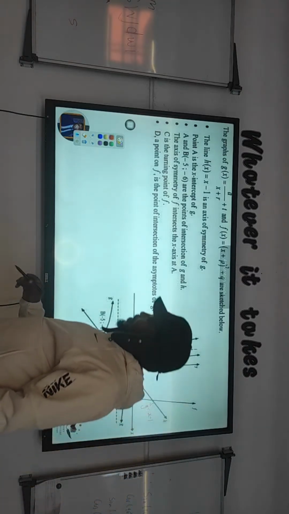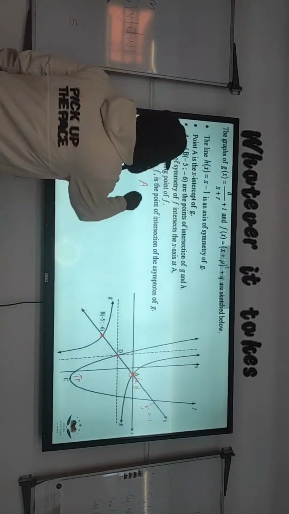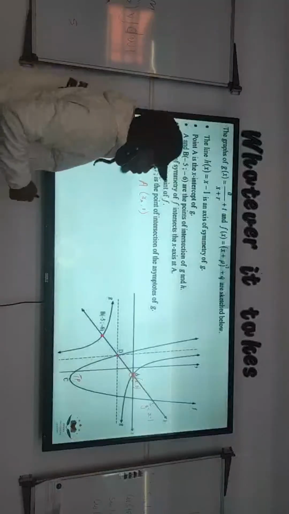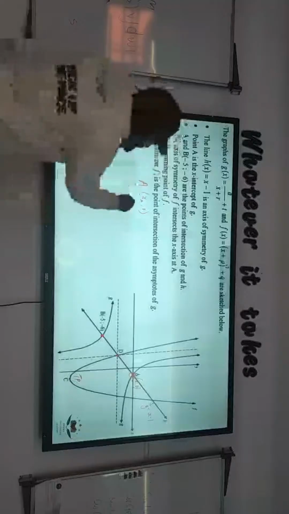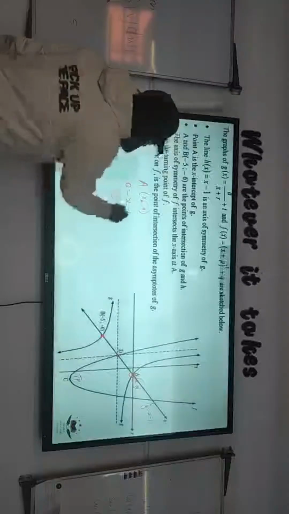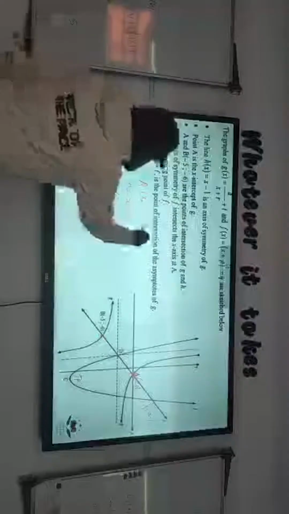So for us to find A, we're going to use the equation and substitute y equals 0. So we have 0 equals x minus 1, and then your x will simply be 1. So your A is actually 1 and 0. After you get these points, please do come and write them in the diagram. It makes the diagram much easier to understand. That was a very 1-mark question.